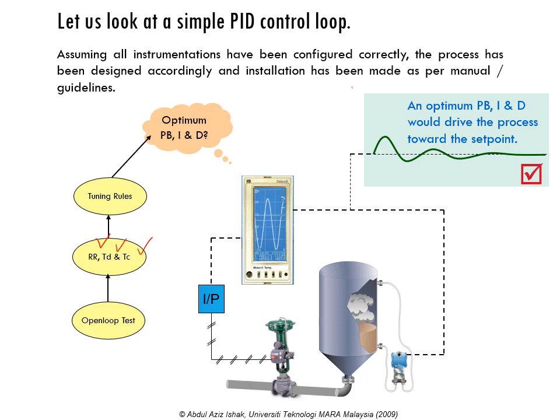PID value is then calculated according to tuning rules using the process control parameters identified previously. PID value is then applied to the controller, and several tuning activities are implied to obtain the optimum PID value. An optimum PID value would drive the process response toward the set point and meet the settling criteria explained beforehand.